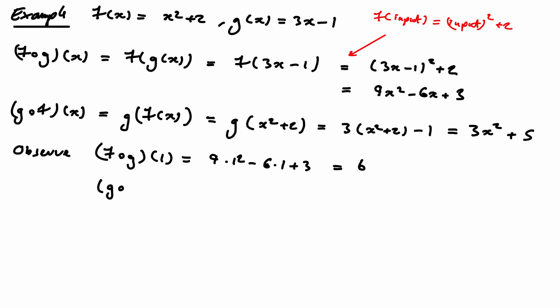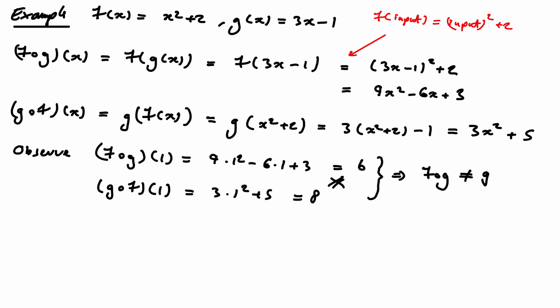Okay, and if I was to compose the other way around and feed in 1, it would be 3 times 1 squared plus 5, that's equal to 8. And those aren't equal to each other. So what does that mean? That means that these two things are not equal to each other as functions. So this implies f composed with g does not equal g composed with f as functions.